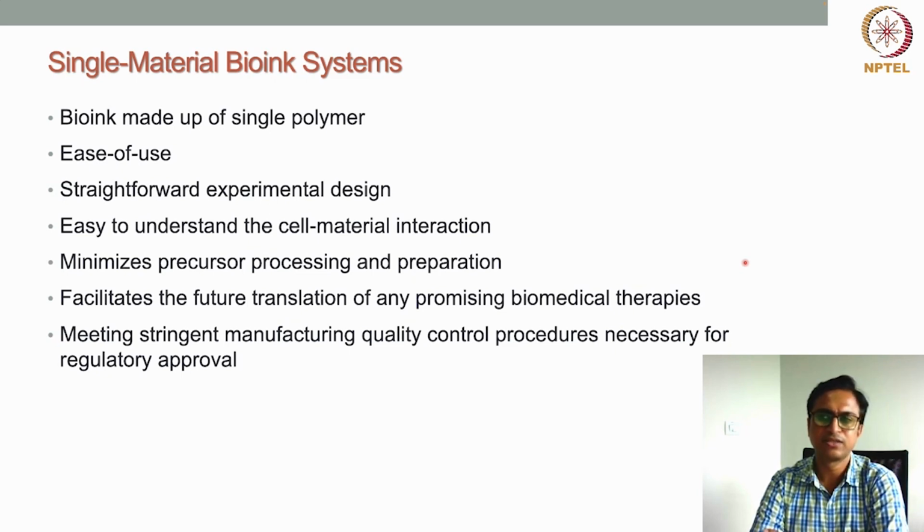It can be dissolved in a solution, in water, buffer or media, and then that polymer solution or hydrogel can be used as a bioink. So that is called a single material bioink system.